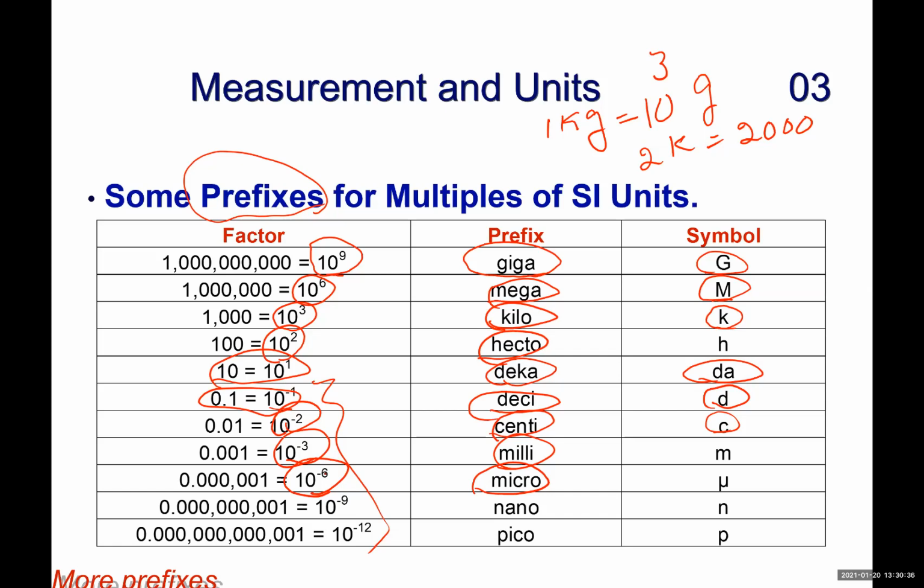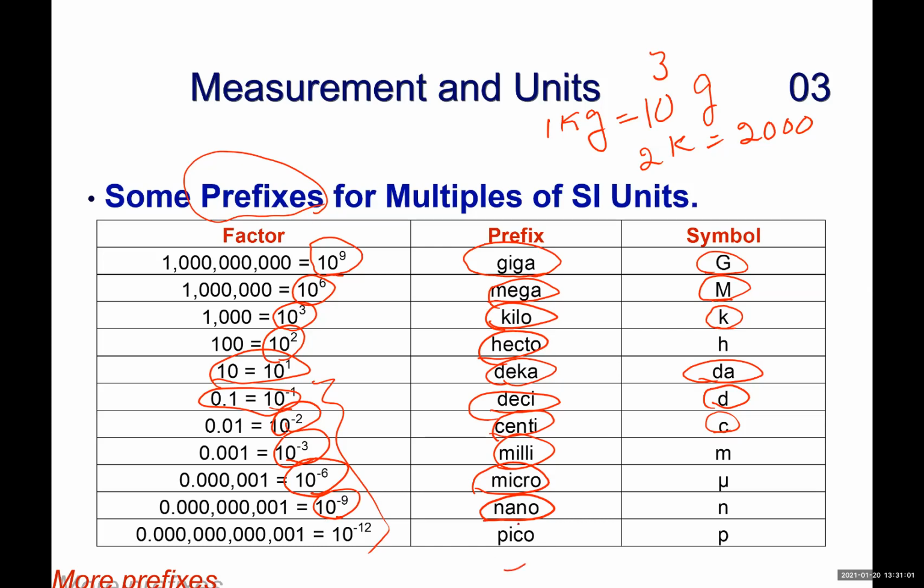You have probably heard about nanotechnology. It means you're dealing with the small dimensions. 10 to the power of minus 9. That means 1 billion times smaller than the unit. Let's say nanometer. It's 1 billion times smaller than 1 meter.